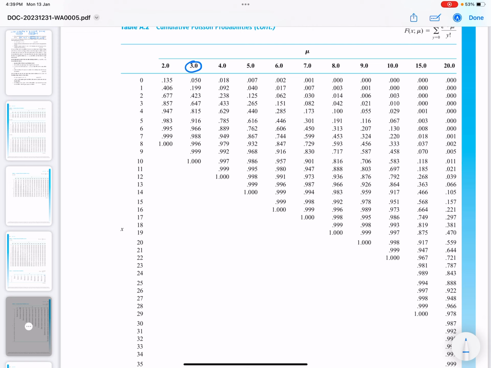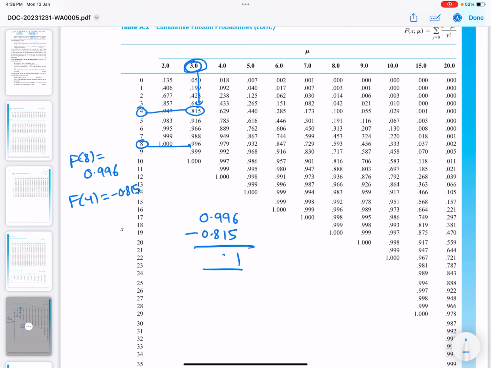We need to find F of 8 minus F of 4. F of 8 is coming out to be 0.996. F of 4 would be 0.815, given the mu level; this is how you interpret the table. So 0.996 minus 0.815 gives 0.181. So this would be the probability.